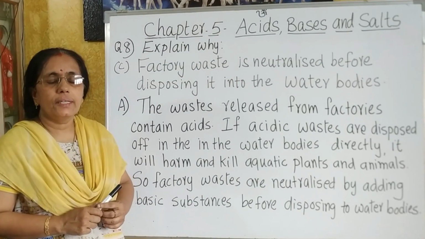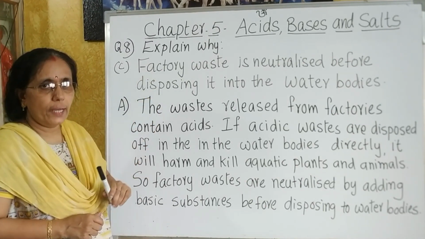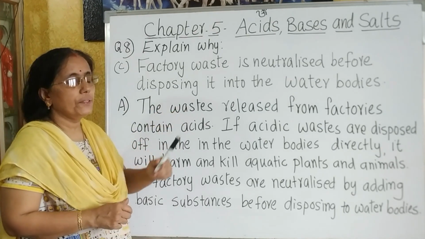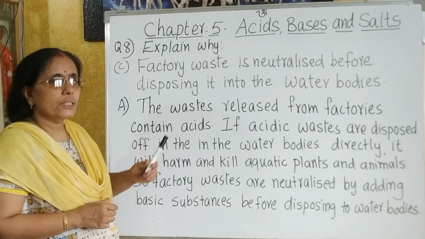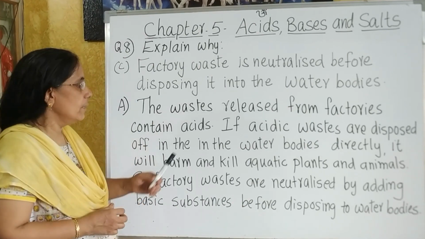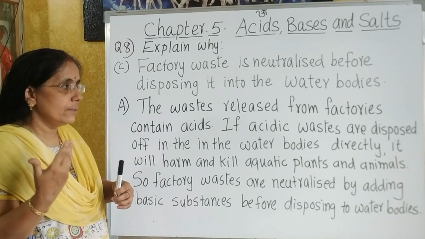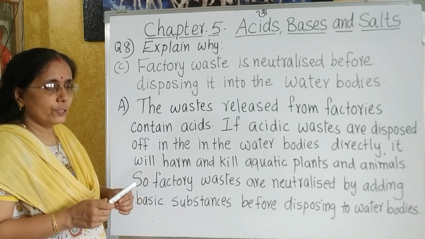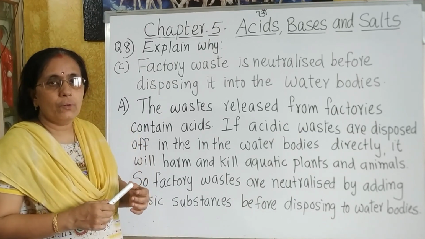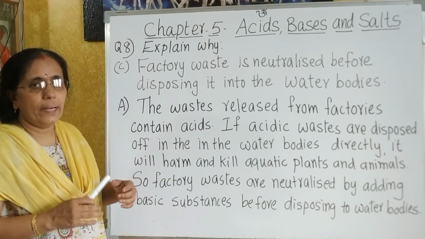Now we will see the third give reason question. Factory waste is neutralized before disposing it into the water bodies. See, the waste released from factories contains acids. So if acidic waste is disposed into the water bodies directly, it will affect the aquatic organisms, that is aquatic plants and animals, very badly.